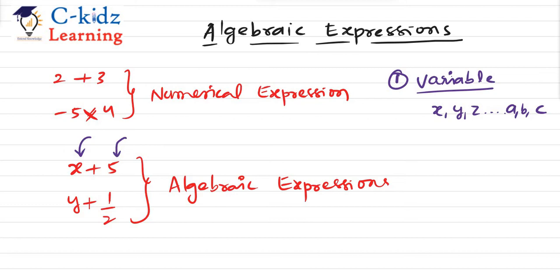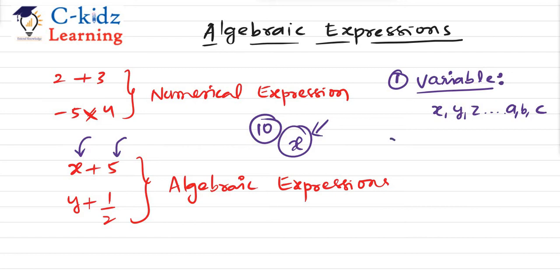For example, if there are 10 apples, we show it with the number 10. If there are some apples and you don't know the exact number, then that is denoted with x. In such cases, instead of numbers we use alphabets, and those alphabets are called variables.